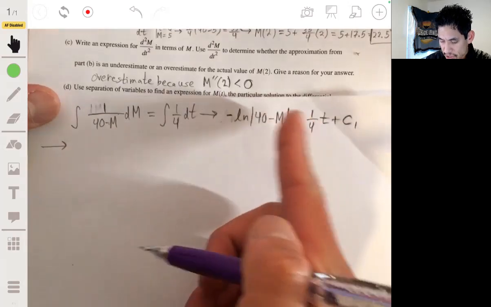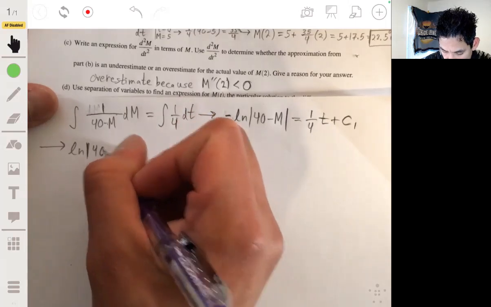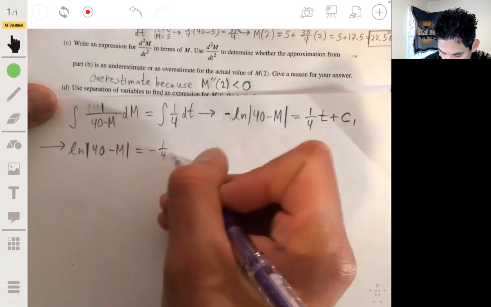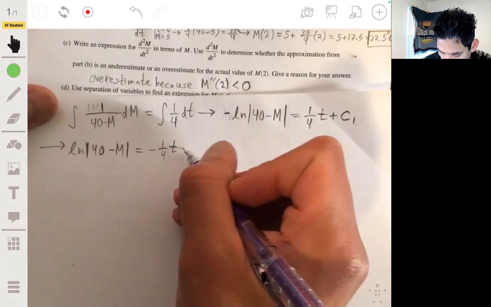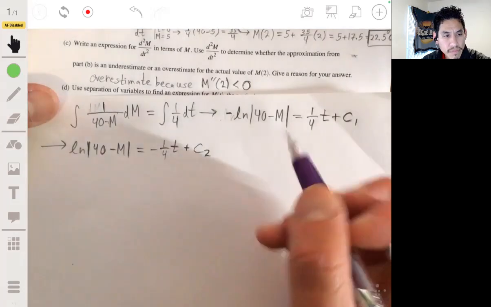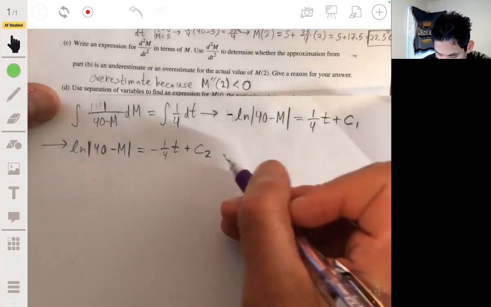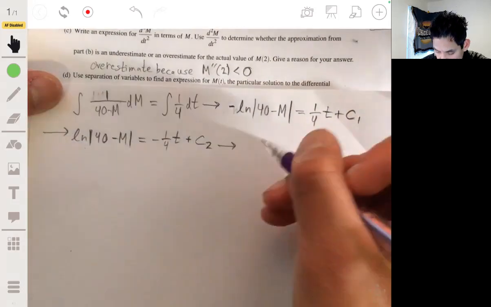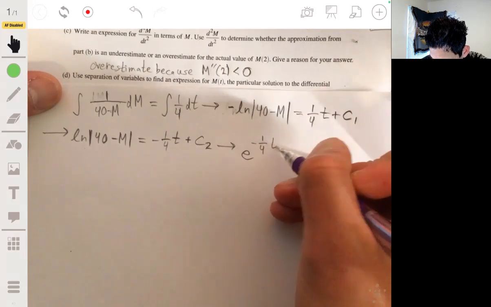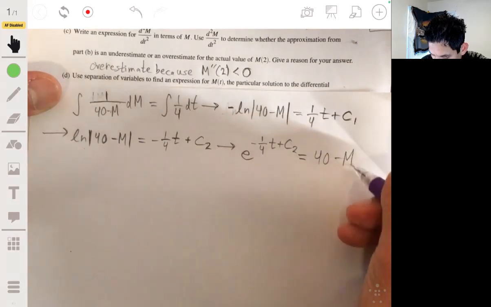From here, let's switch the sign because I hate having a negative hanging around in my problem. So negative 1/4 t, and I'll call the constant c2 because it's still some other constant. Then I take e as the base and raise it to this whole expression: e to the negative 1/4 t plus c2 equals 40 minus m.